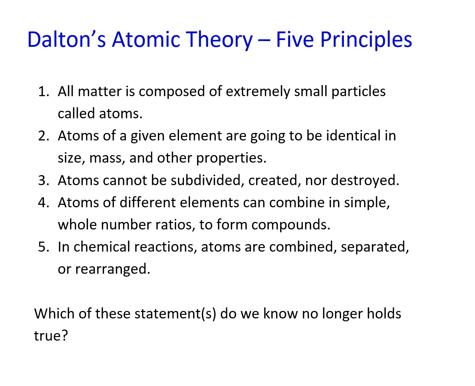Second, atoms of a given element are always identical in size, shape, and other properties. Third, atoms cannot be subdivided, so there is nothing smaller than the atom. Fourth, atoms cannot be created nor destroyed. Fifth, atoms of different elements can combine in whole number fixed ratios to form compounds. And lastly, in chemical reactions, atoms are combined, separated, or rearranged.